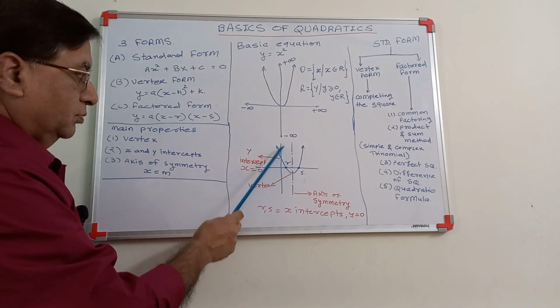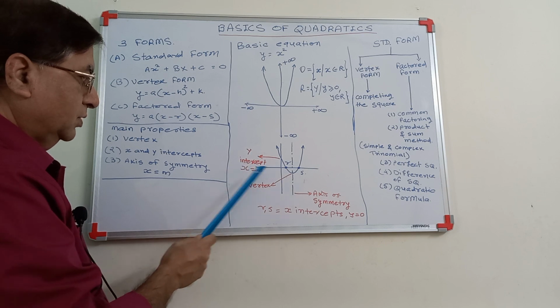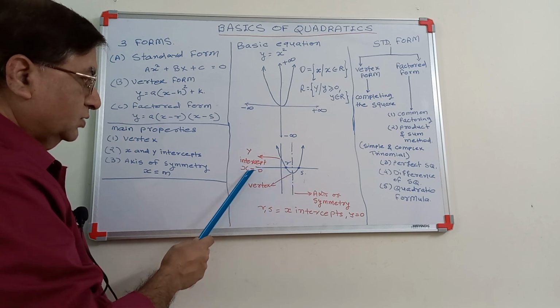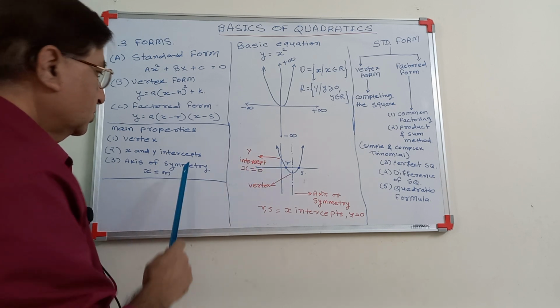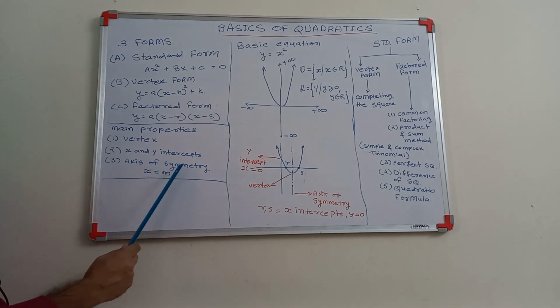This point where the parabola is intersecting the y-axis is known as the y-intercept, and at this point the x value is 0. So these are the three basic properties of the parabola: the vertex point, the x and y intercepts, and the axis of symmetry, x is equal to m.